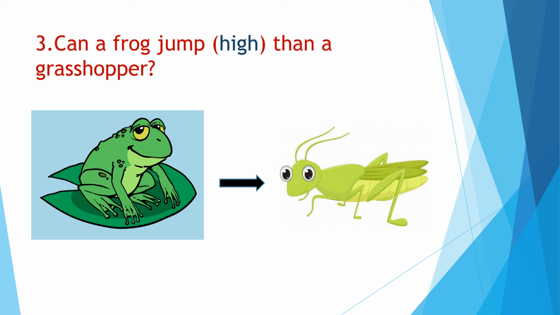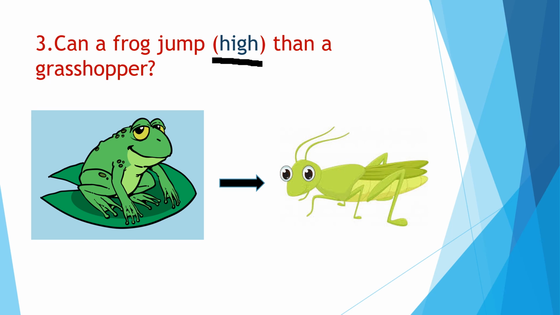So when we talk about the comparison between two persons or two animals, we need to change the adjective into comparative form only. So what do we need to do when we want to change an adjective into comparative form? Very good. We need to add er at the end.